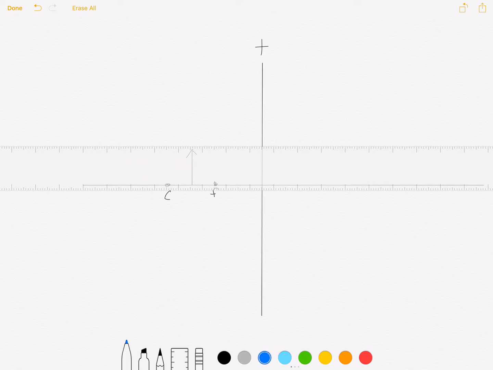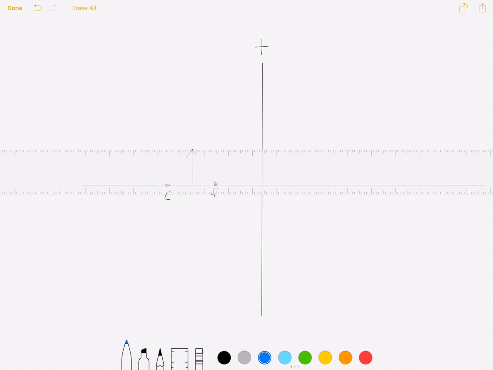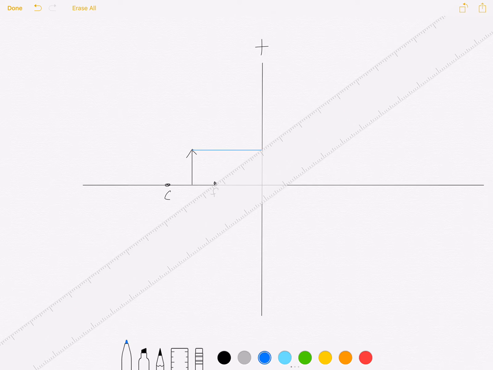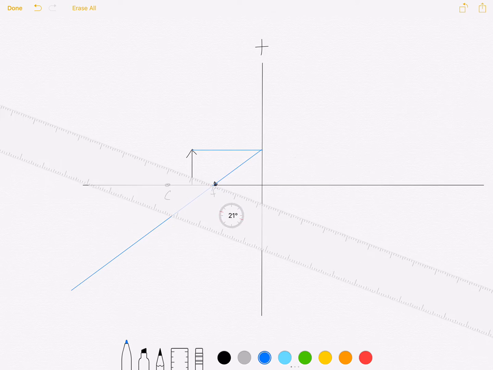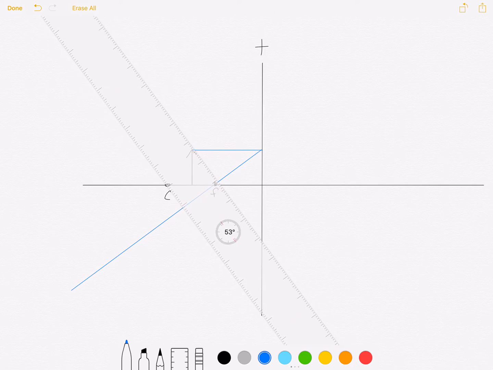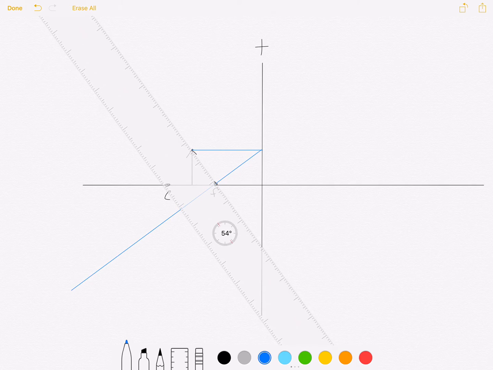All right. So first ray, a ray parallel to the principal axis, goes through the focal point, and a ray through the focal point. Make sure you line up your ruler as carefully as you can.